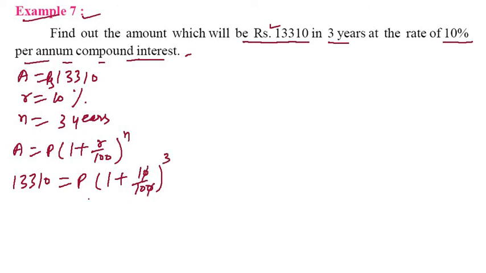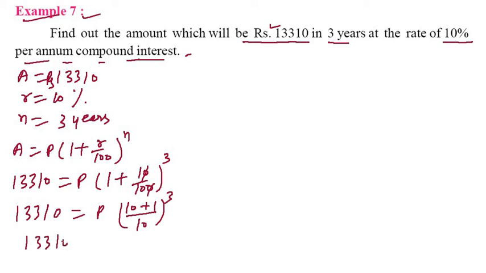So the 0 will be cancelled with this 0. So 13310 will be equal to P, and here taking the LCM, that is 10, we can say 10 plus 1 and whole power is 3. So 13310 will be equal to P into 11 upon 10 and whole power is 3.